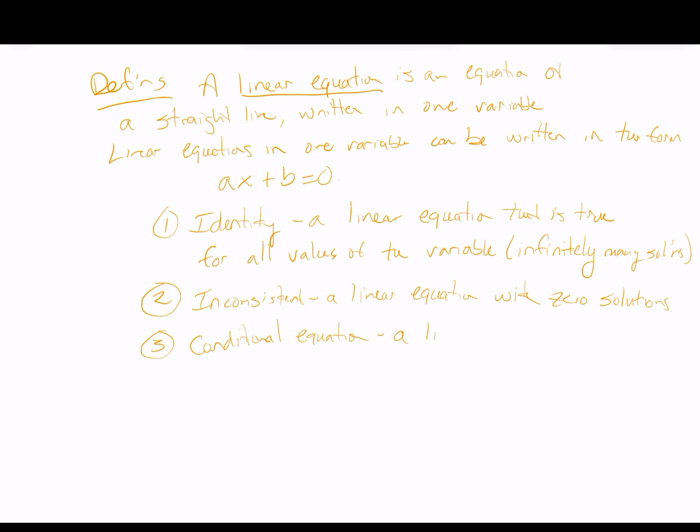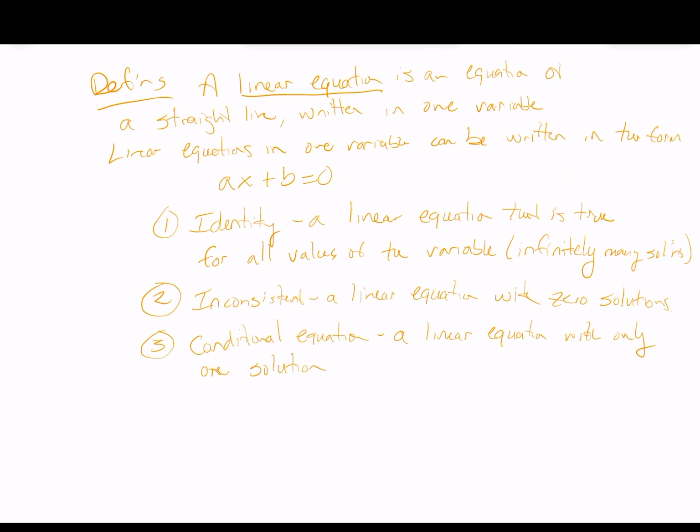For linear equations, a linear equation with only one solution. So there are conditions on the variable that make the equation true. For the linear case, we only have one solution.